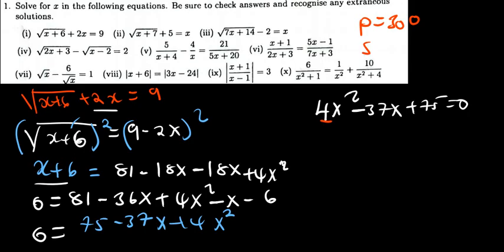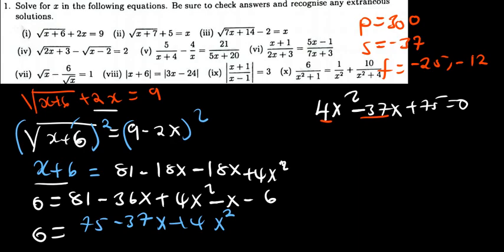My sum is negative 37. So what will be my factors? Two numbers which when I multiply, they should give me 300, and when I add, they should give me negative 37. Those numbers should be negative 25 and negative 12. Negative 25 minus 12 is negative 37, and negative 25 times negative 12 is positive 300.